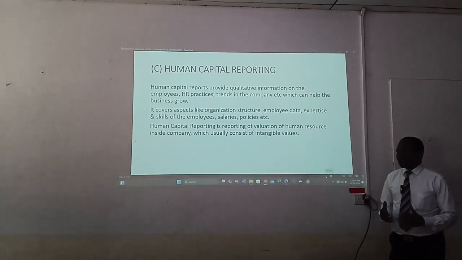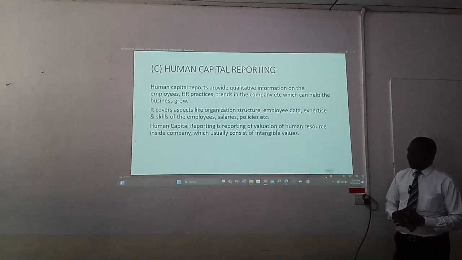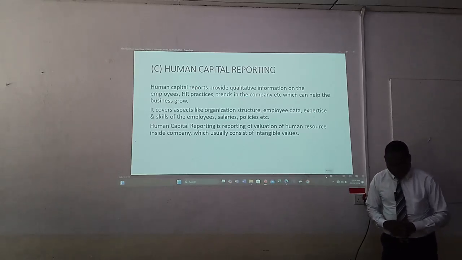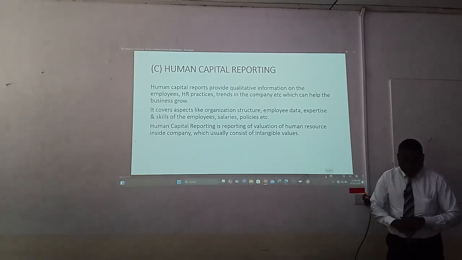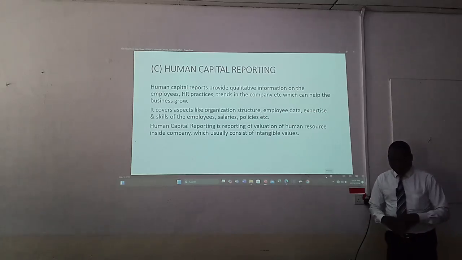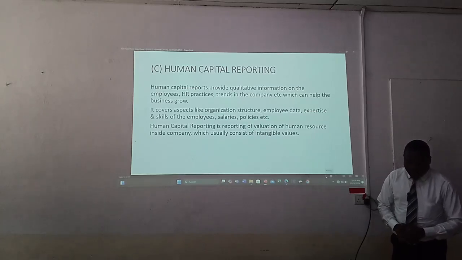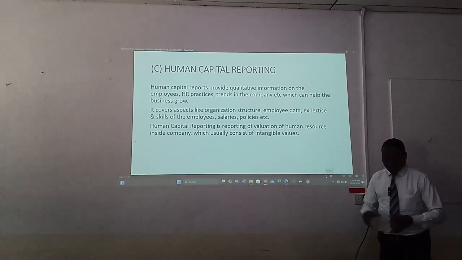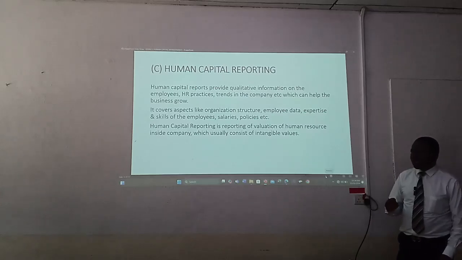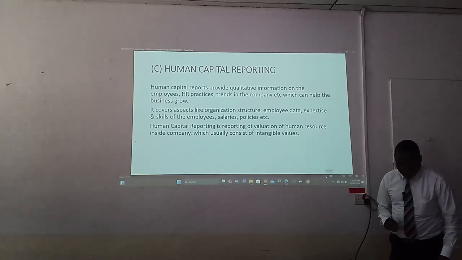So all these, qualitative in nature, can help you to grow as a business. So it covers aspects like organizational structure, the employee data, expertise or skills of an employee, salaries, policies, etc. So all these are part and parcel when it comes to reporting.